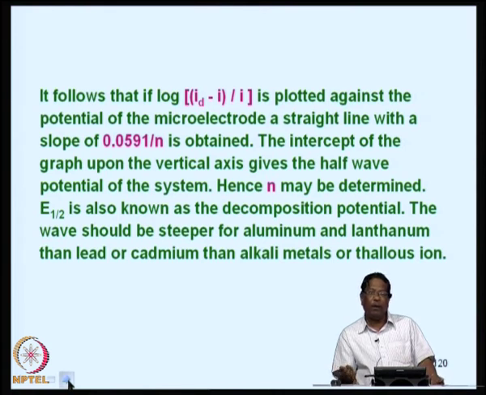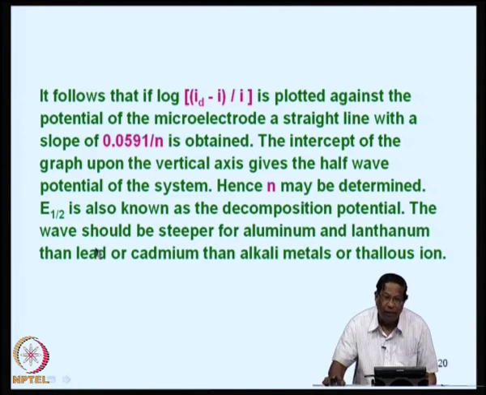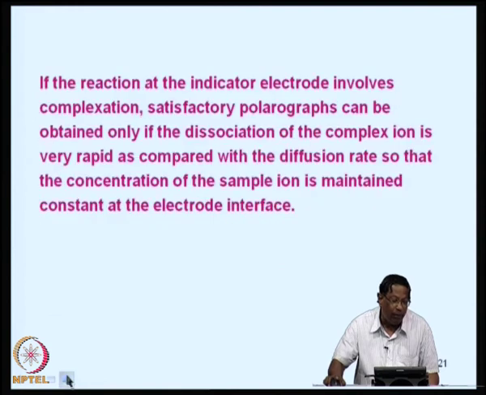The wave should be steeper for higher valence elements like aluminum, where n should be 3, and for lanthanum it is 3, for cadmium or lead it is 2, and for alkali metals, thallous ion or lithium ion, it should be 1. So, the steepness of the curve is also dependent upon the number of electrons.